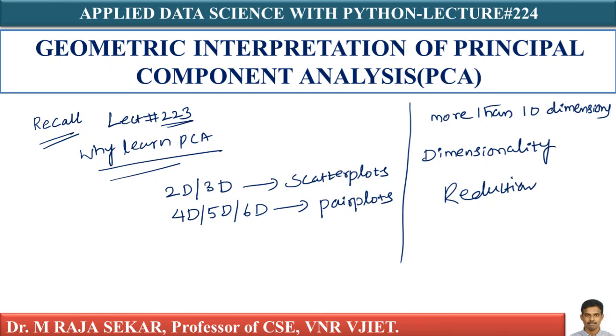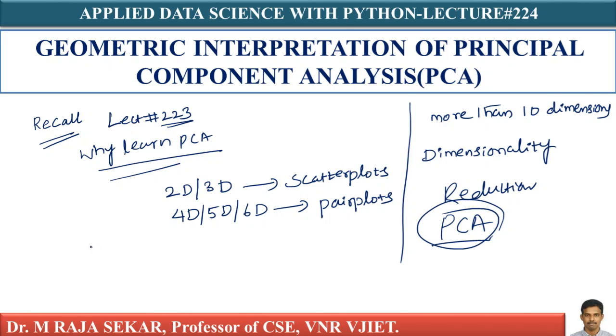As you have more dimensions, you have to reduce dimensions so that you can visualize the data. One of the simplest and most fundamental techniques of dimensionality reduction is PCA. Principal component analysis is useful to reduce the dimensions.